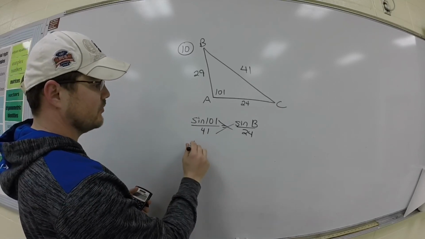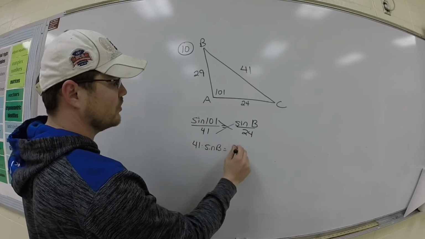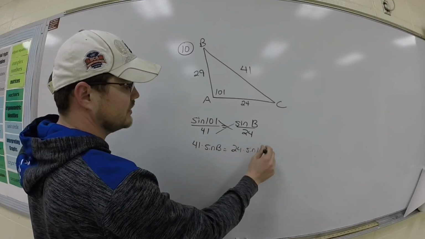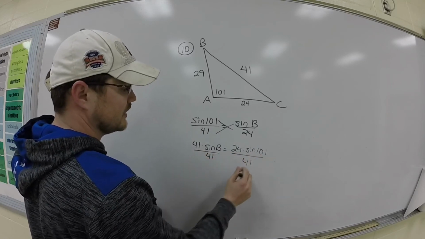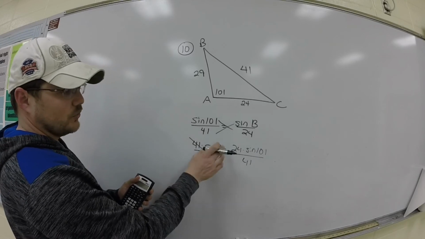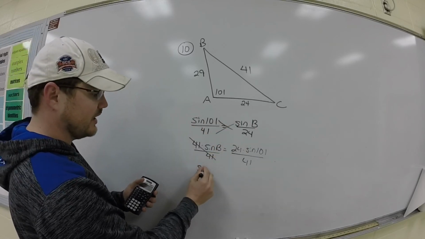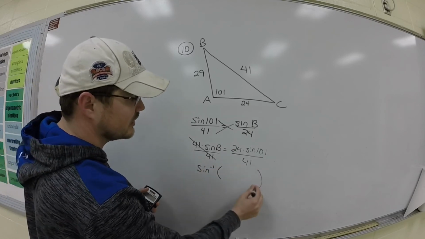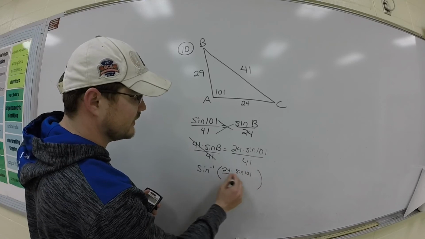So we have 41 times sine B equals 24 times sine 101. Divide by 41 to both sides. Cancel the 41s. So once we get sine B by itself, we're going to do sine inverse. So sine inverse of all this, 24 times sine 101 divided by 41.